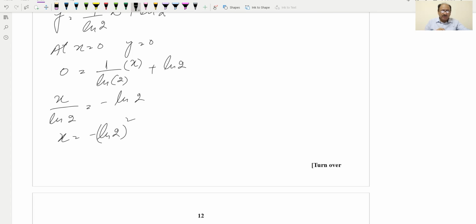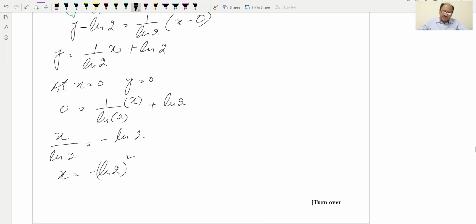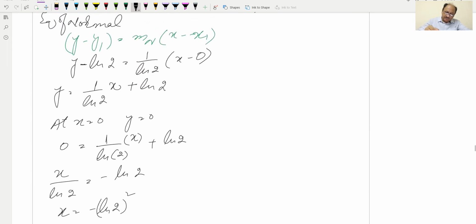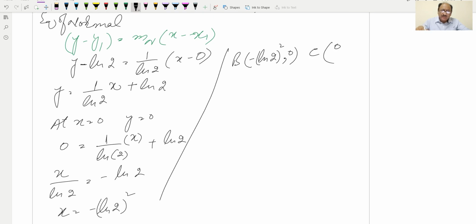So this will be our x value. Now we can write the coordinates of B and C. The coordinates of B: the x value will be minus log 2 square, which we just found, and the y value will be 0. And C, which is given, is 0 and 3 log 2.